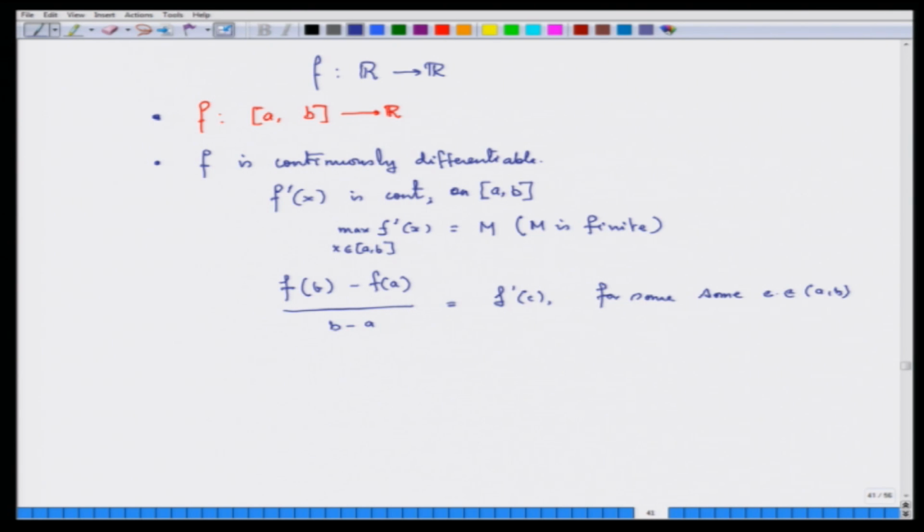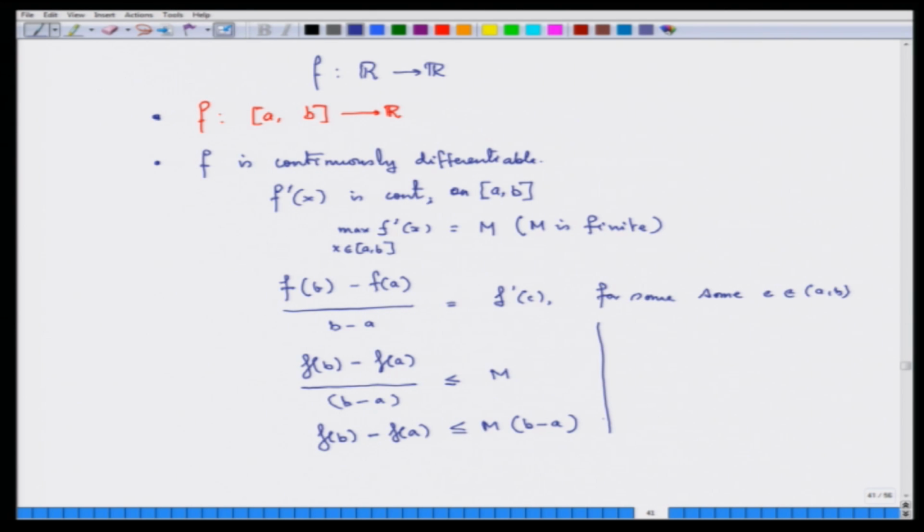Now, whatever your f dash c is, it has to be less than or equal to M. So, f b minus f a is less than or equal to M times b minus a.